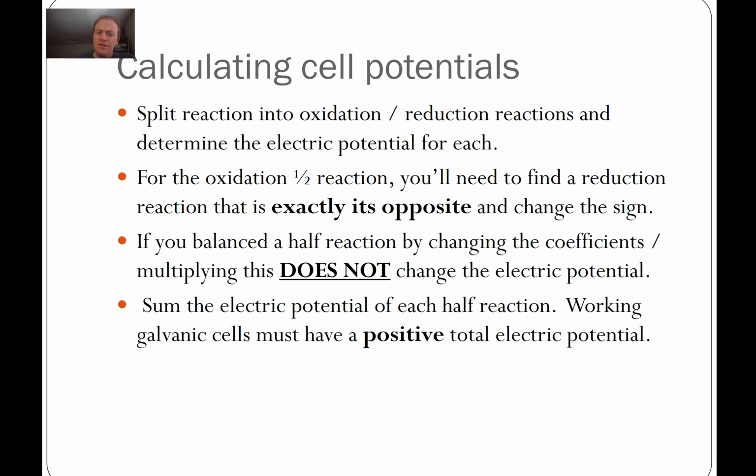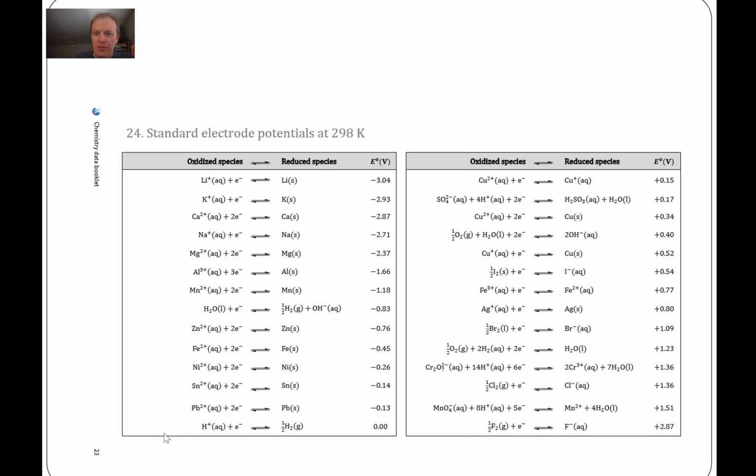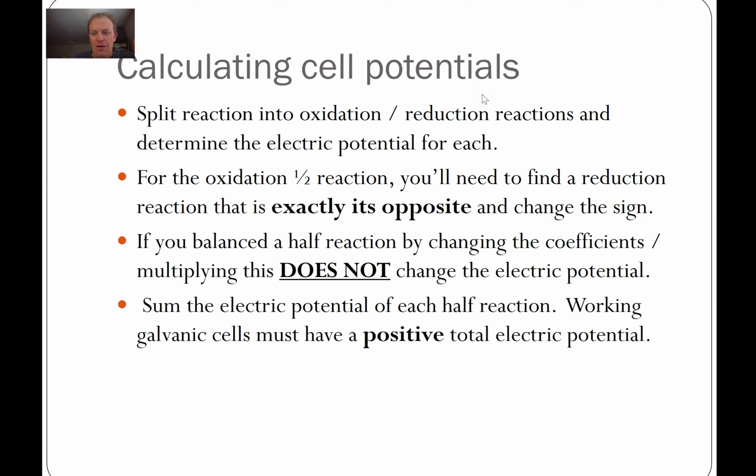Now, when you balance, this part is tricky, and this is the part where people will make a mistake. When you balance the reaction by multiplying each half reaction by a coefficient to balance, and I'll show you an example in a second, that does not change the electric potential. So if you're using this table and you think there's some reason that you should multiply this by something, you shouldn't, and I'll explain why in a second.